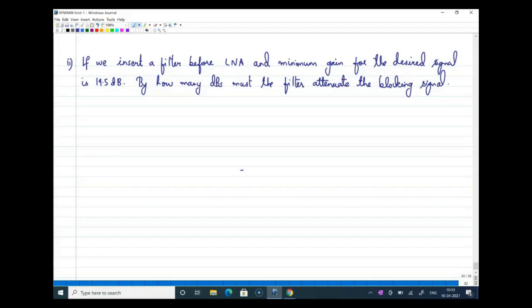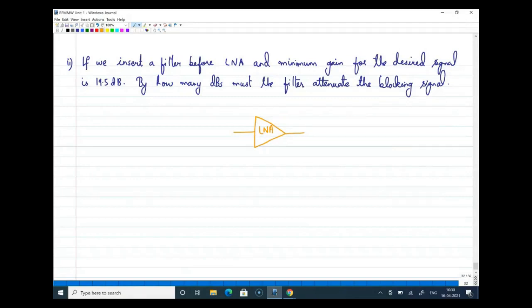I saw all the answers you posted for the previous part of the question. That is right. Now can you try this part? It is always better to visualize how the signals are processed in this specific receiver. For that, it is good to represent it using blocks. This is the LNA which we previously considered.